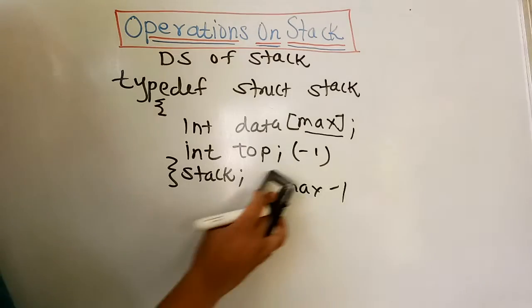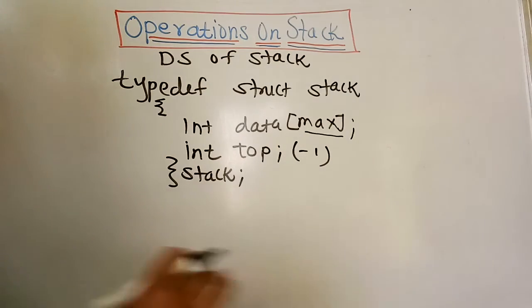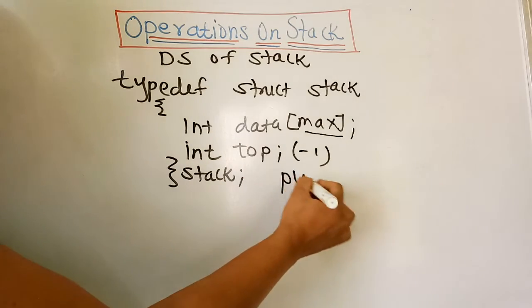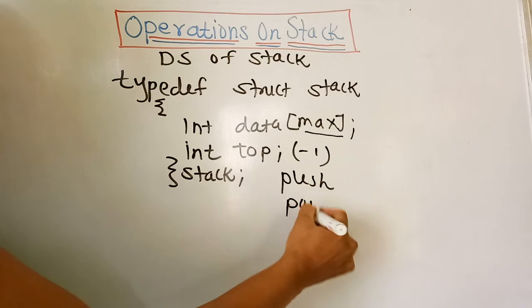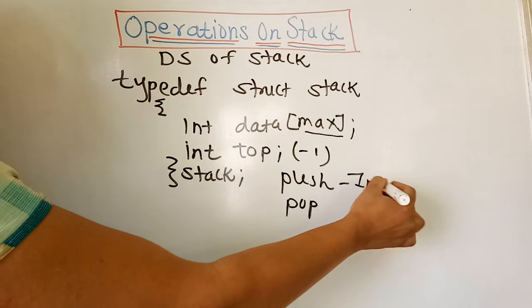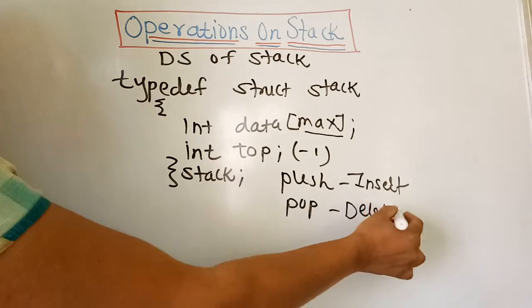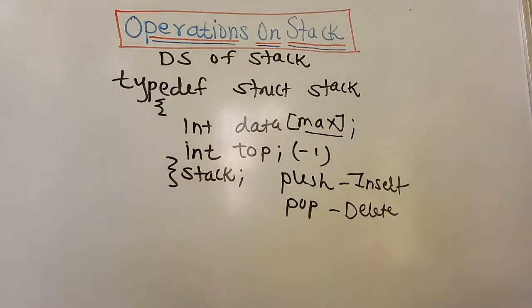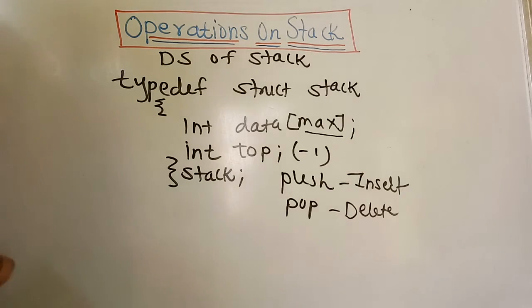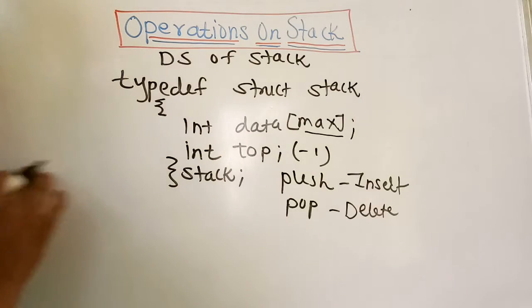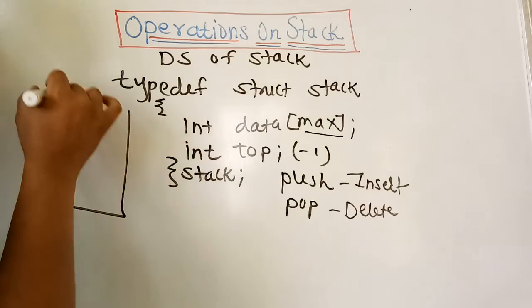There are different operations on the stack, for example push and pop. Push is nothing but inserting the element into the stack, and pop means deleting the elements from the stack. For doing the push operation, you have to carry the stack from its previous position to the next position.